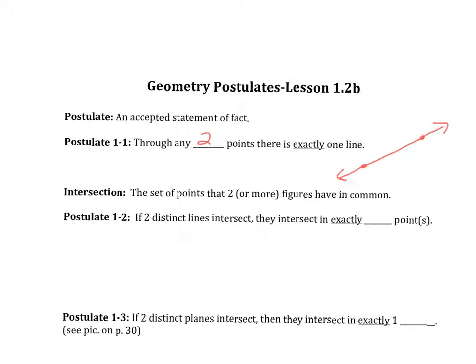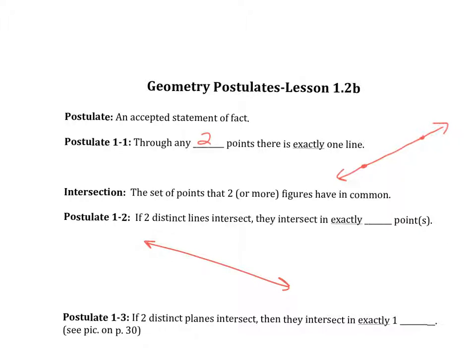So postulate 1-2 says if 2 distinct lines intersect, they intersect in exactly blank point or points. So think 2 different lines. So I have a line here, and I'm going to draw a line that intersects that line. How many points do they meet at? 1, right?